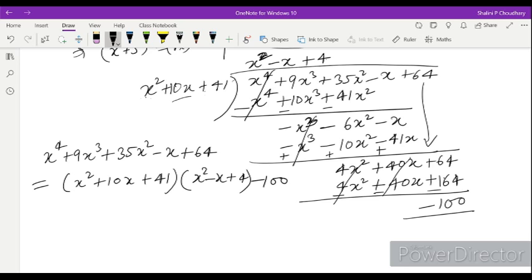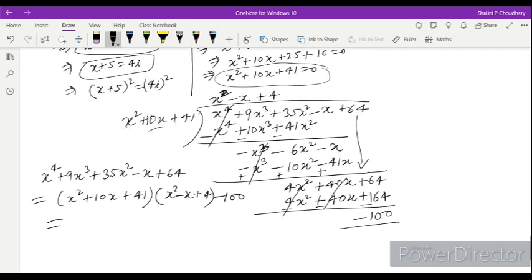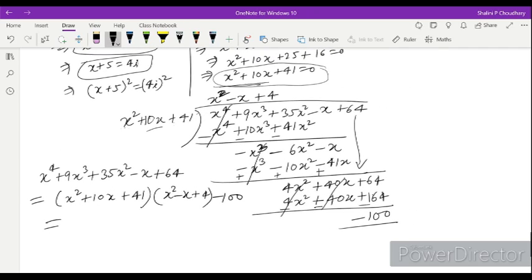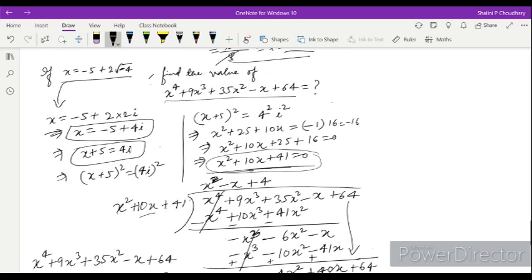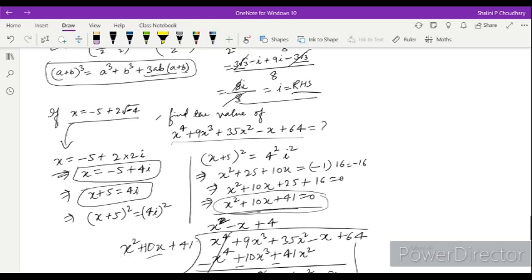Okay, minus 100 will remain. Now, we know that x square plus 10x plus 41 is equal to 0. So this value will be 0. If this one is 0, then this whole product will be 0. So it will be minus 100. Okay, so the value will be minus 100.